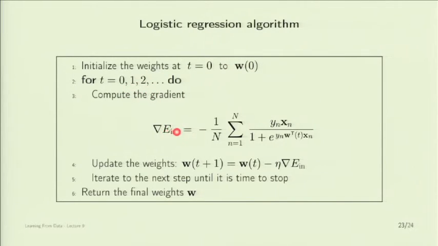I have a formula for the in-sample error, and all I need to do is differentiate it. Differentiating it will not be difficult; you can verify the result. Then you take the next weight to be the current weight minus your learning rate times the gradient. That's the formula we had. Then you go to the next iteration until it's time to stop, and then you return the final weight. That is the algorithm.